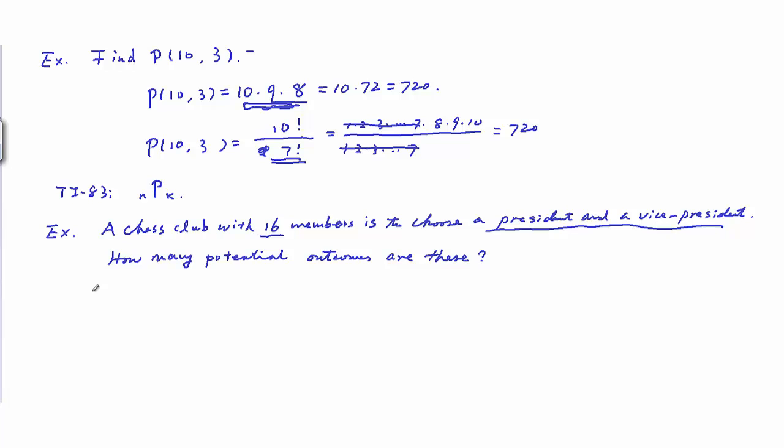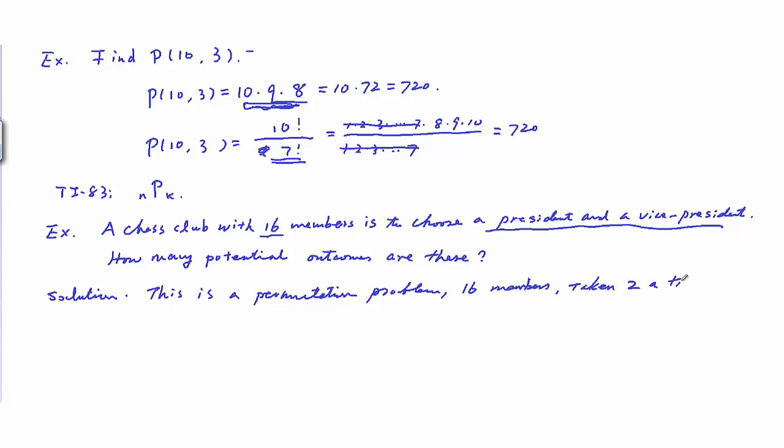So this is a permutation problem: 16 members taken two at a time. Therefore, this is P of 16, 2.